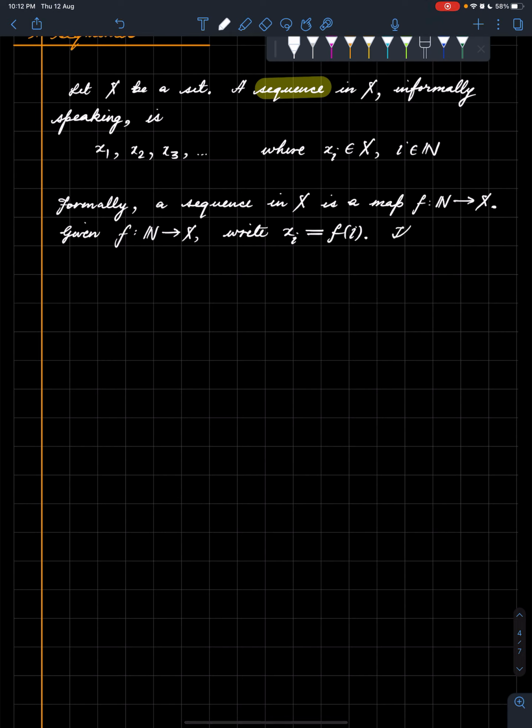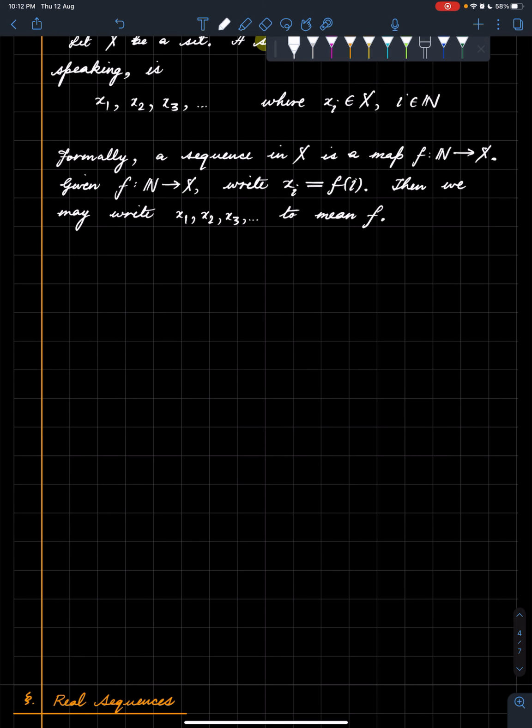And then we may just write this x1, x2, x3, ... to mean f, because it really captures the same data as f is capturing. From here you can easily recover f, and from f you can recover this kind of data. So that's that.